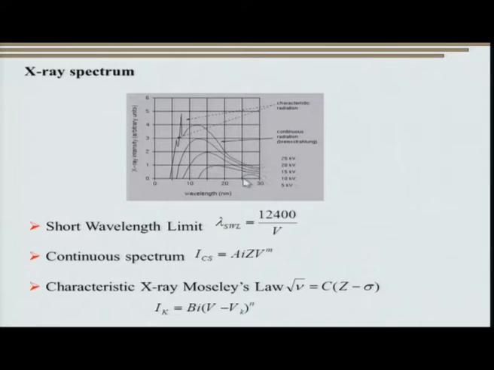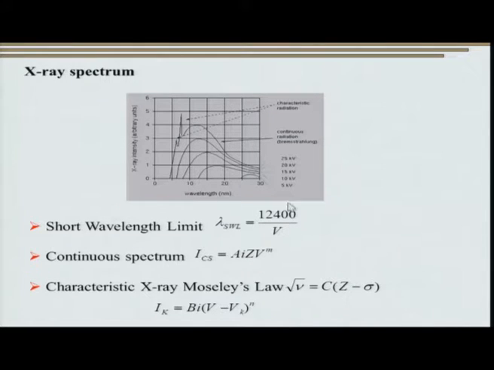This is decided by what is known as the short wavelength limit, which is given by 12,400 divided by V, where V is your voltage. For a given voltage, below this lambda short wavelength limit there is no radiation.